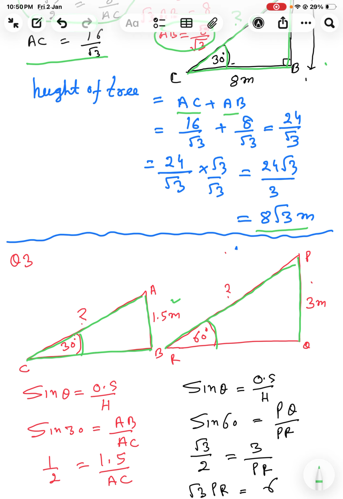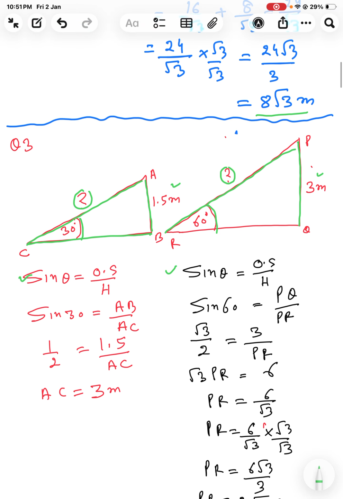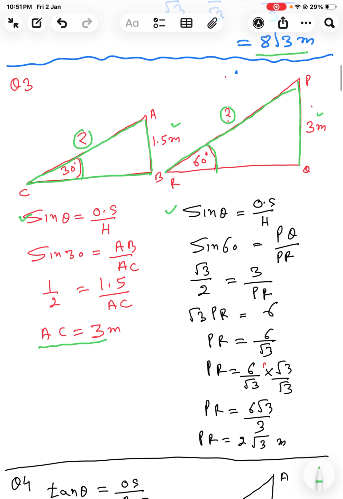Because the opposite side is given, we have to find the hypotenuse, that is the length of the slide. So apply the formula sine theta, and sine 30. AC equals 3 meters and PR equals 2 root 3 meters.